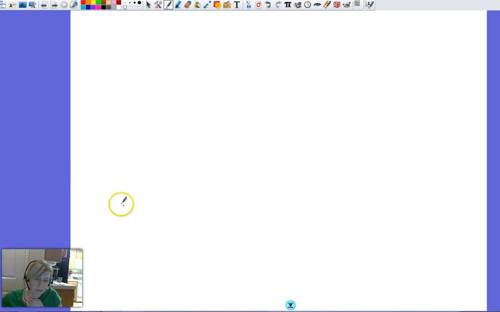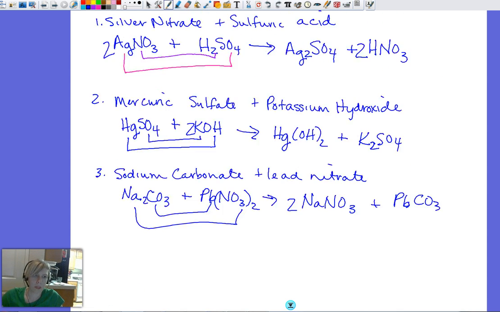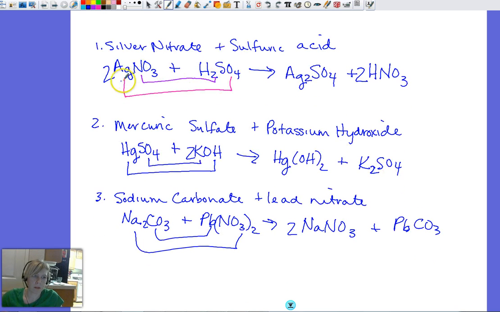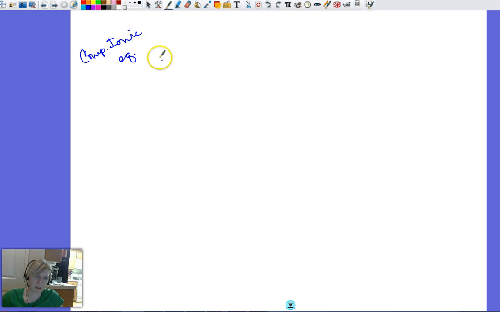Now it says complete ionic equations for the ones above. The complete ionic equation is just breaking up the compounds. So here are our compounds, and we're just going to break them up into their ions and write everything out.